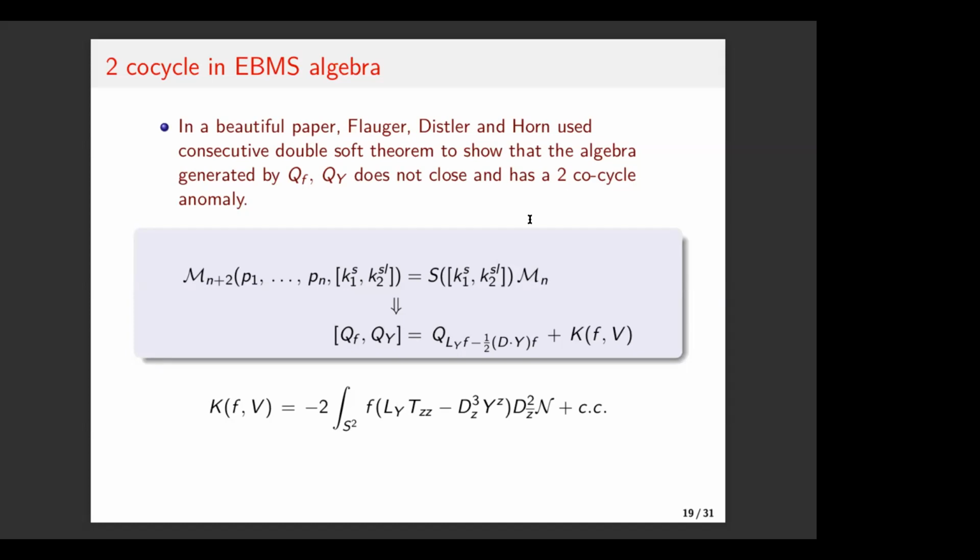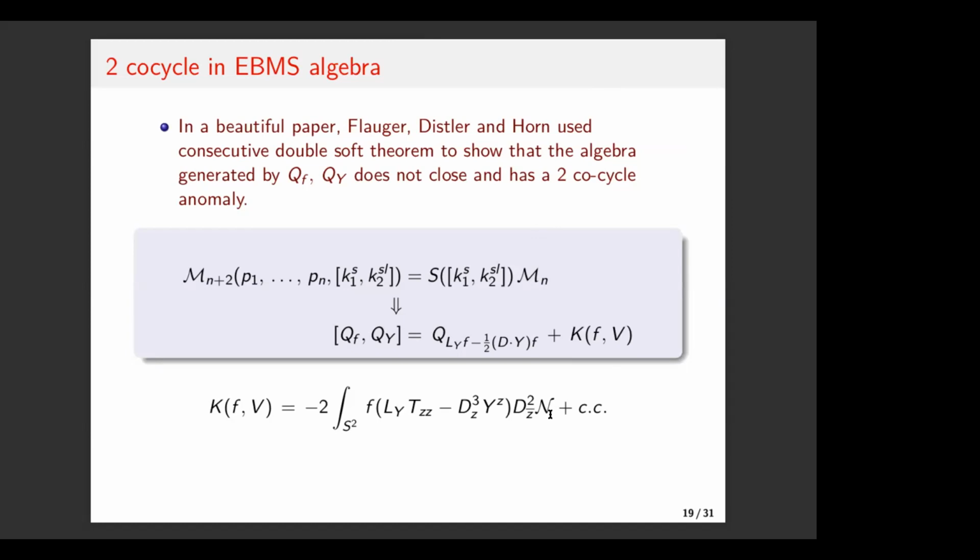And these authors showed that this statement is equivalent to having an anomaly in the algebra of the super translation and the simplest possible prescription for the superrotation charge. And this anomaly is not central, and as we can see, it's actually linear in the soft news. It depends on the capital N that we had defined earlier.